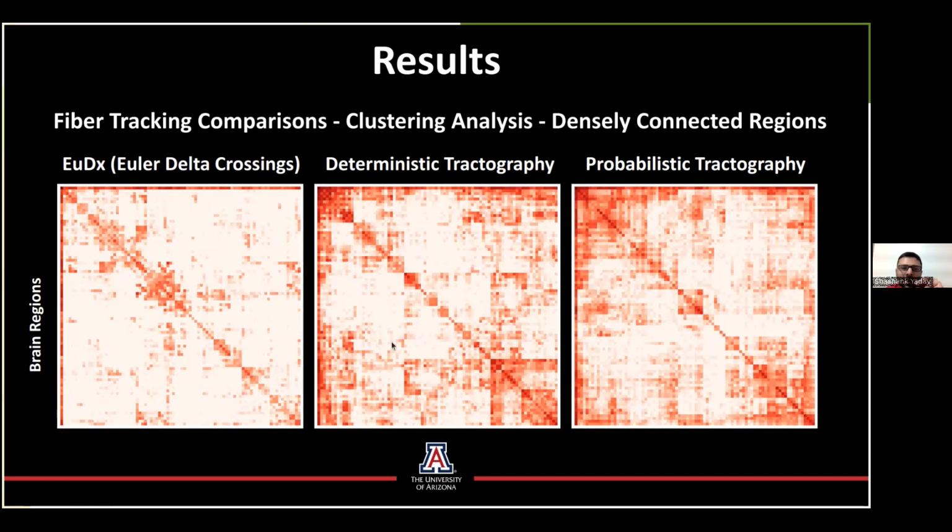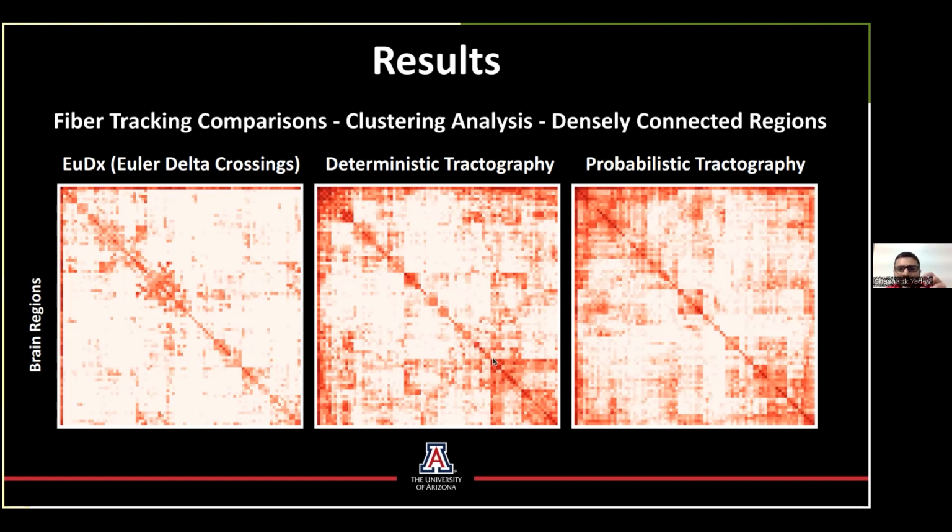Wherever you find very red colored squares in this image, you can say these regions are highly connected to each other. So for the Euler delta crossing algorithm, you'll find there's one small square in the middle of the image, and then one big one in the corner.